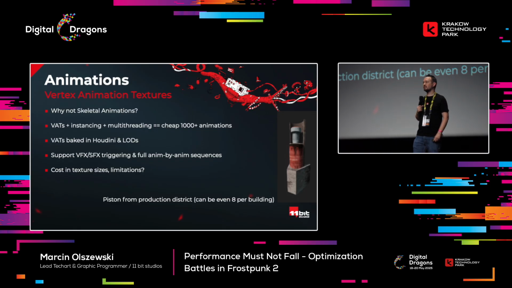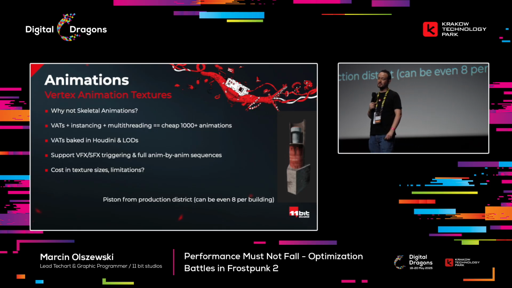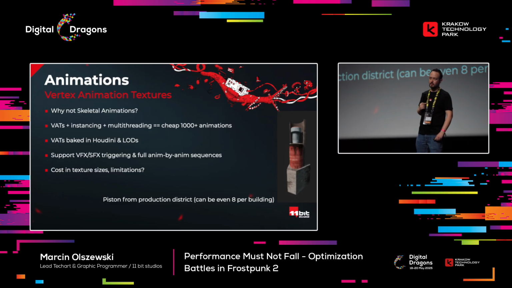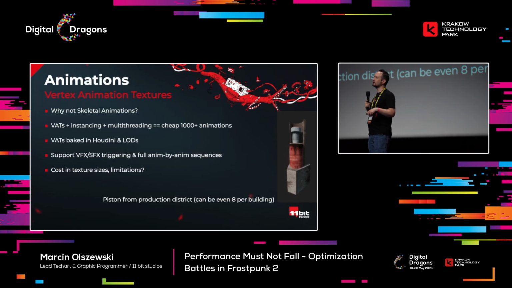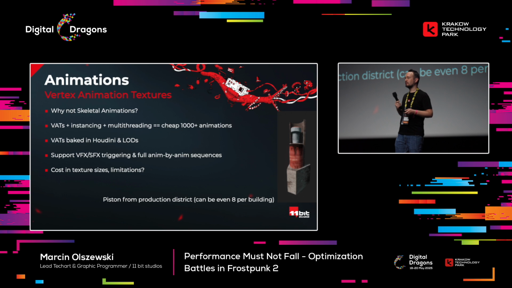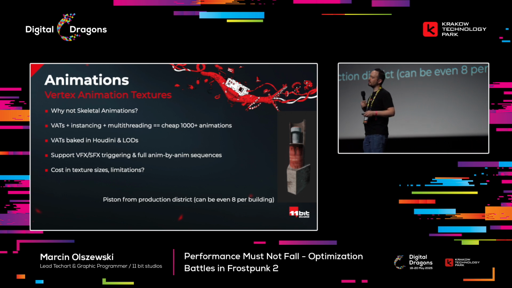We are not using skeletal animations because at that count it would be very, very expensive. We are using Houdini for baking VAT animations with LODs, which is important because when you are generating LODs outside of the engine, you will break the VAT animation. But I also know that some guys are using Blender and it's working pretty well too.